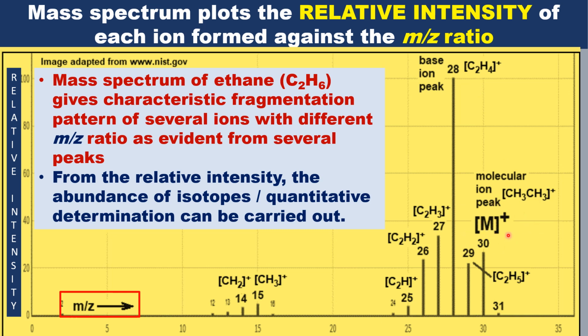The molecular mass of ethane is 30. Because of isotopes you have 29, 31, etc., carbon 13, carbon 12, carbon 14 and all. From the relative intensity, the abundance of isotopes and quantitative determination of the molecule in the sample can be carried out.